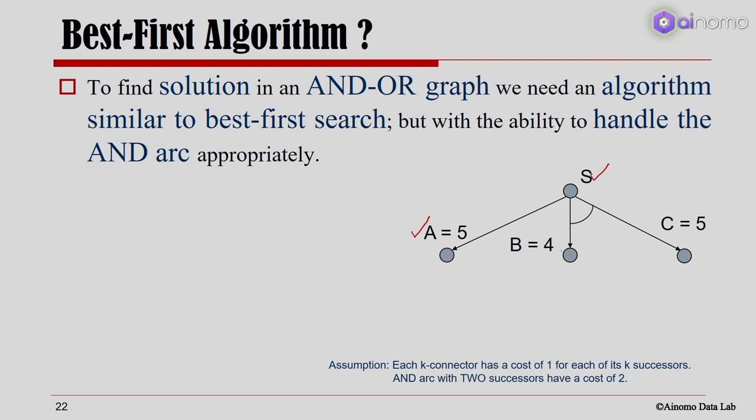So, this portion of the graph here shows that I have a 2 connector. In order to solve S, I would need to solve both B and C. Now, what we have here with the nodes marked is a heuristic value.